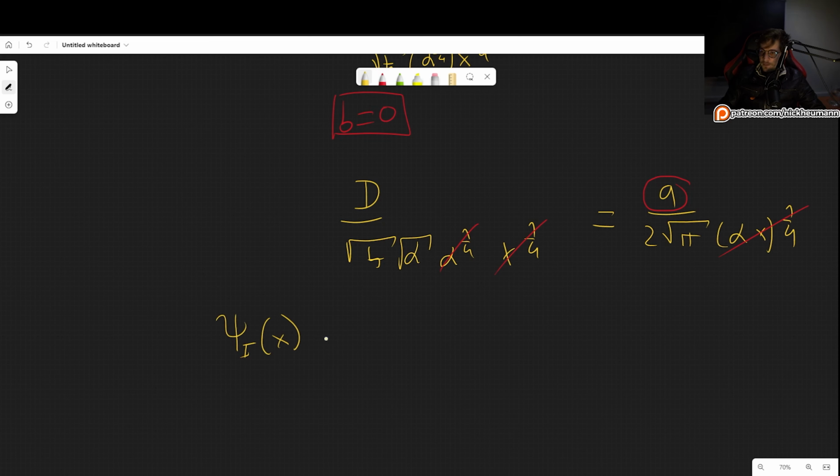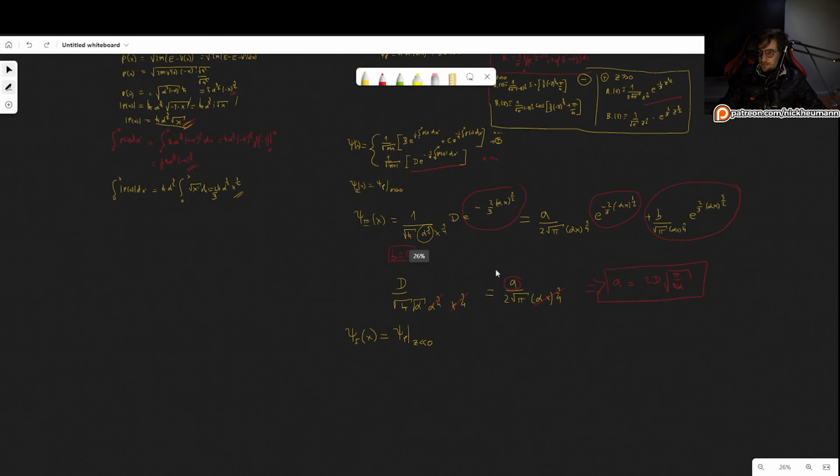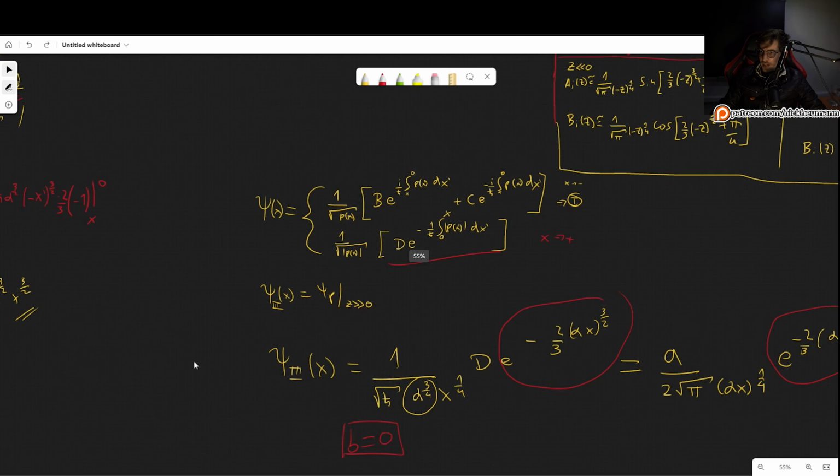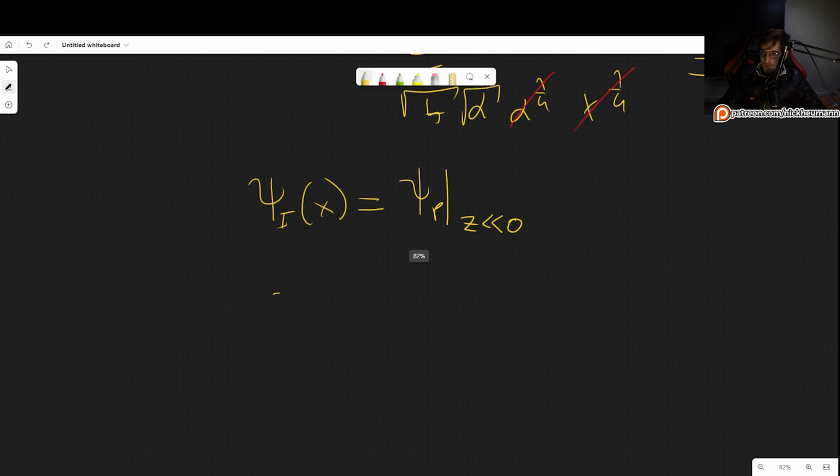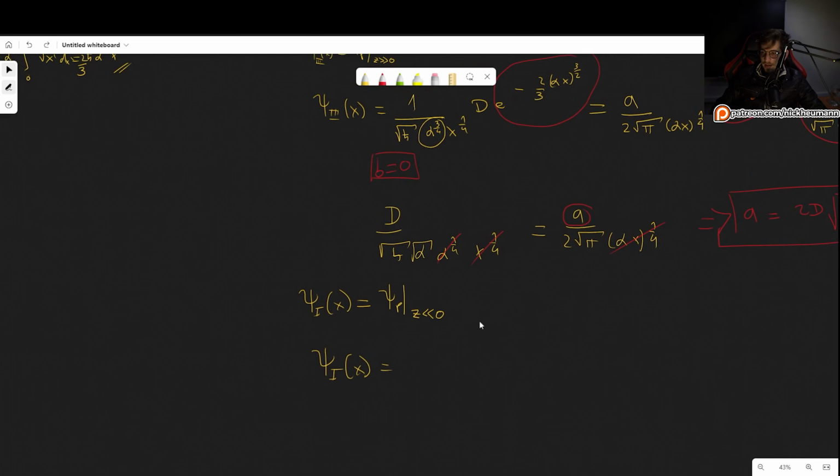So in region 1, we want this to be the same as our patching region when z becomes much smaller than 0, right? As we go far away from the patching region, we want the wave function to turn into our wave function 1. So wave function 1 is this thing right there. Let's write it down. So wave function 1, and this is 1 over the square root of the momentum, which is square root of h bar alpha to the 3/4, and then minus x to the 1/4.